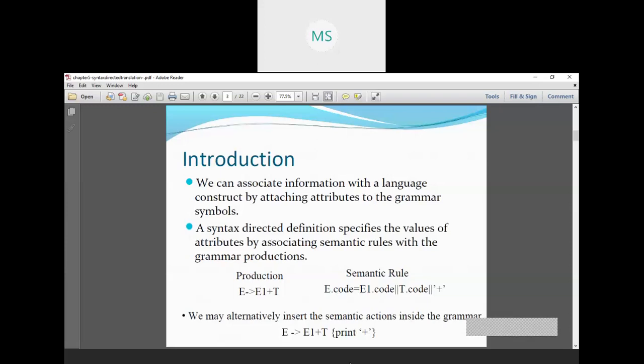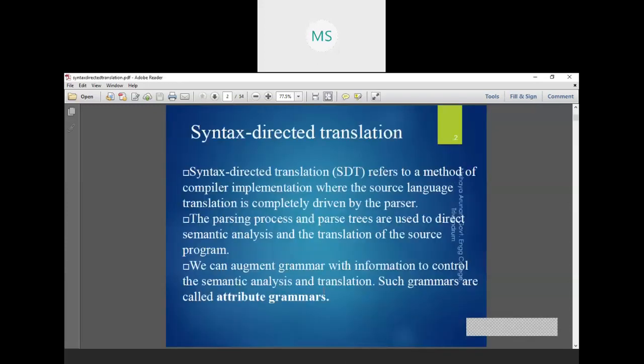Let me start. What is syntax directed translation? As the name indicates, syntax directed translation refers to a method of compiler implementation where the source language translation is completely driven by the parser, because the parser is the second phase and the input should be given by the parser.